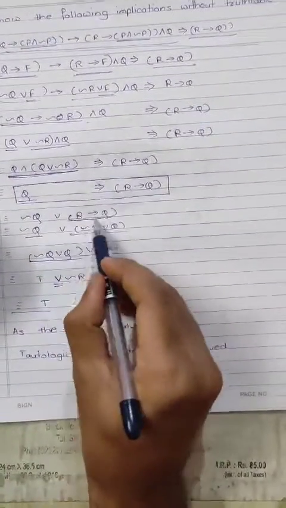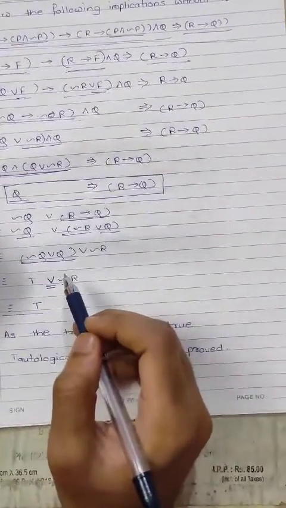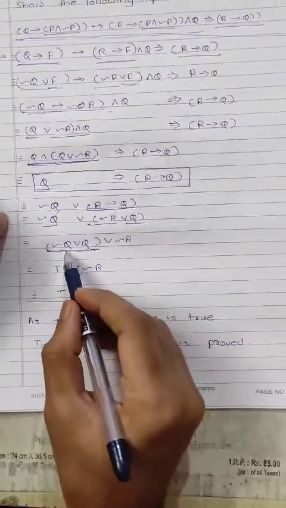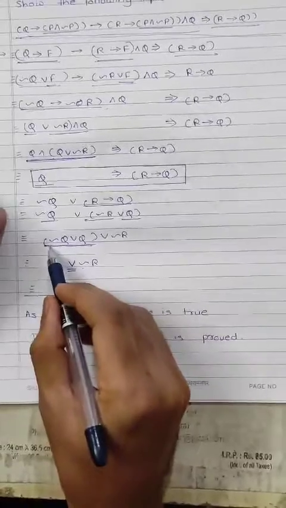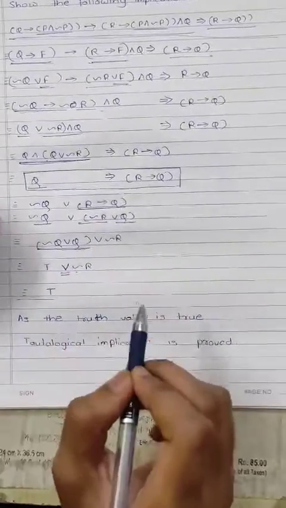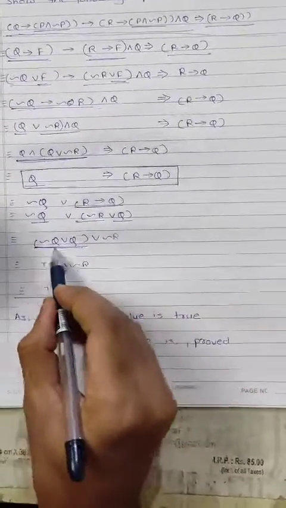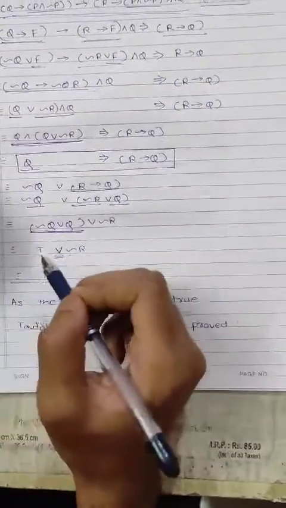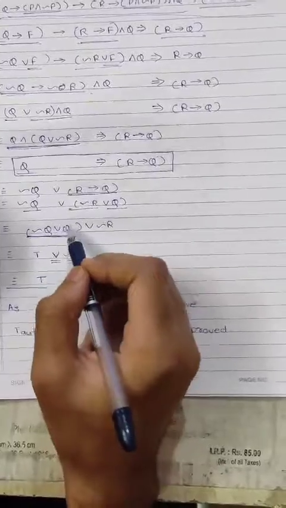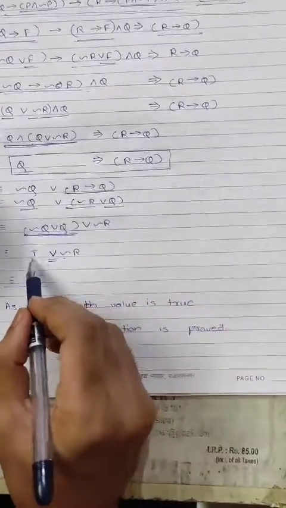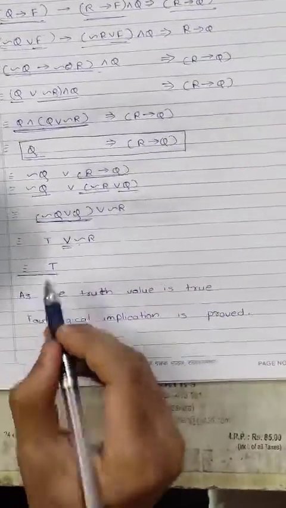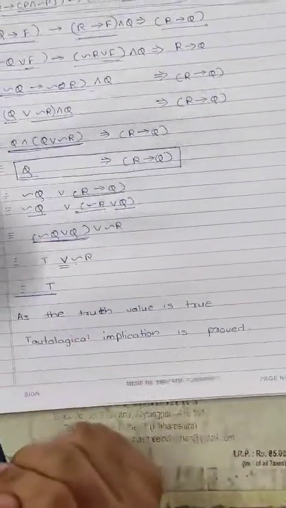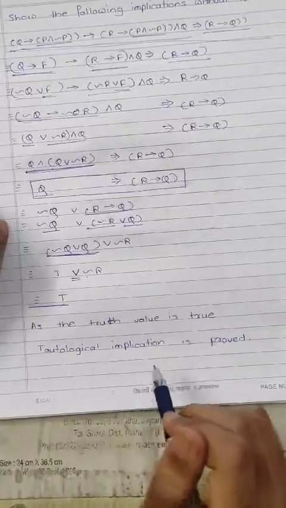After this, again we converted this implication into its simplified form. Again we used the simplification of this negation or normal value. As we all know, negation of any given statement or the true statement will be true, and we got the truth value as true. So as the truth value is true, the tautological implication is proved.